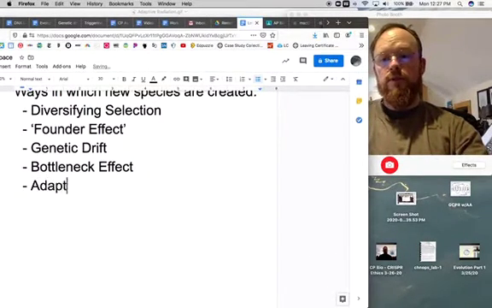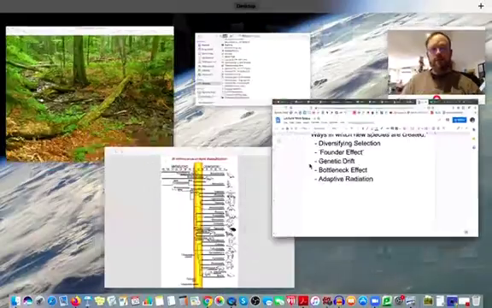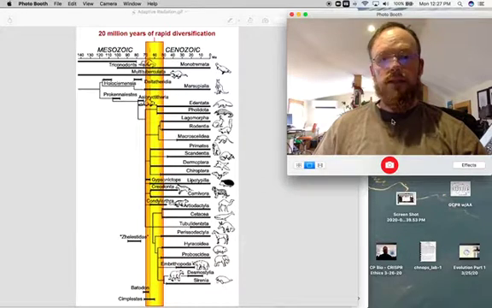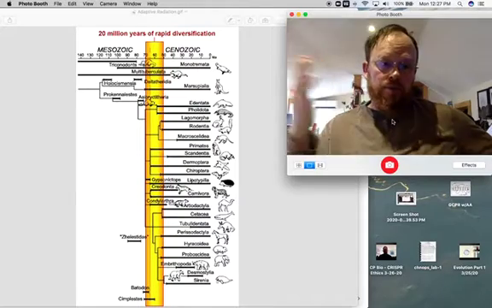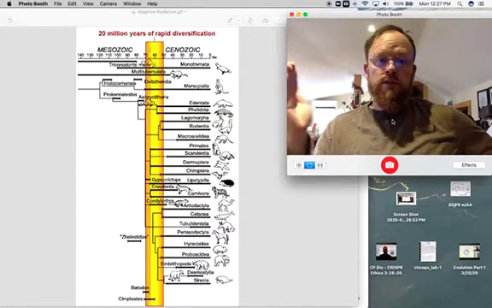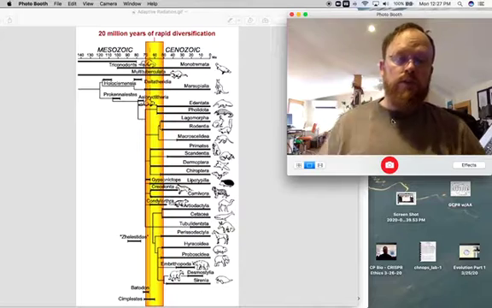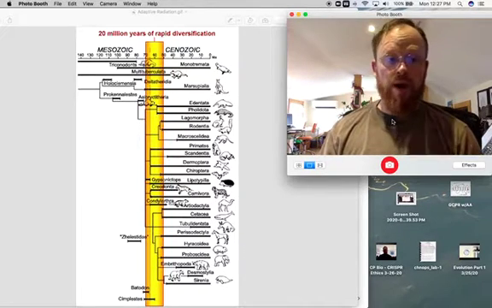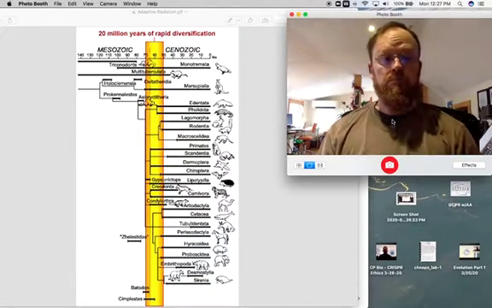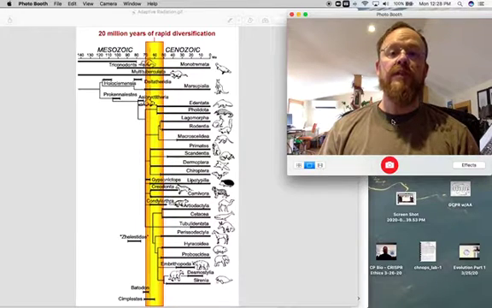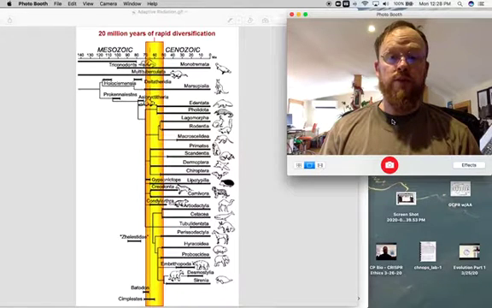Adaptive radiation, and that's the idea that somewhere in the course of history, there's a time at which all sorts of available niches open up, and populations adapt, evolve to fit those niches, and you suddenly have a huge amount of new species.